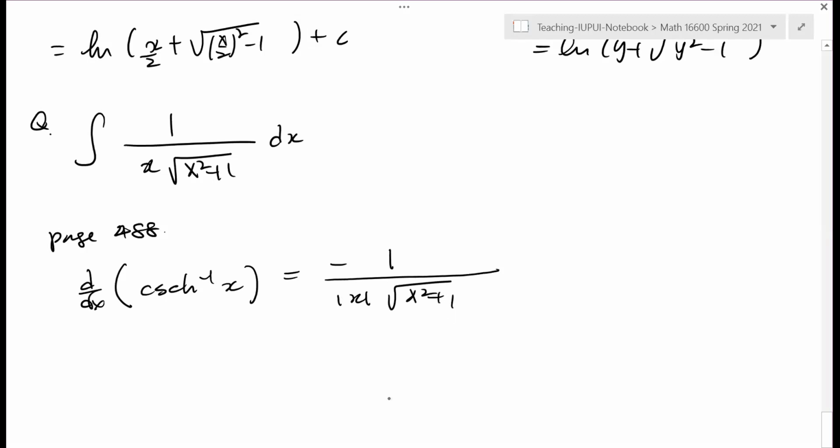Now here we assume x is positive. x could be positive, could be negative, so it depends on the sign.